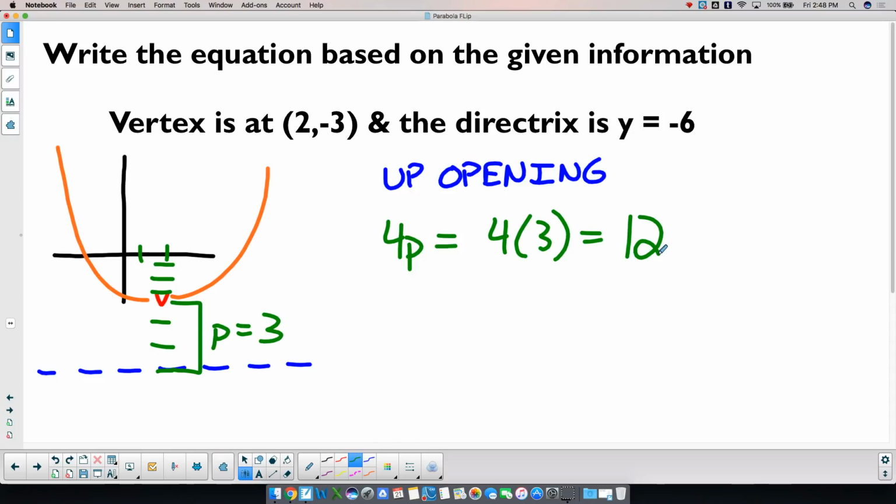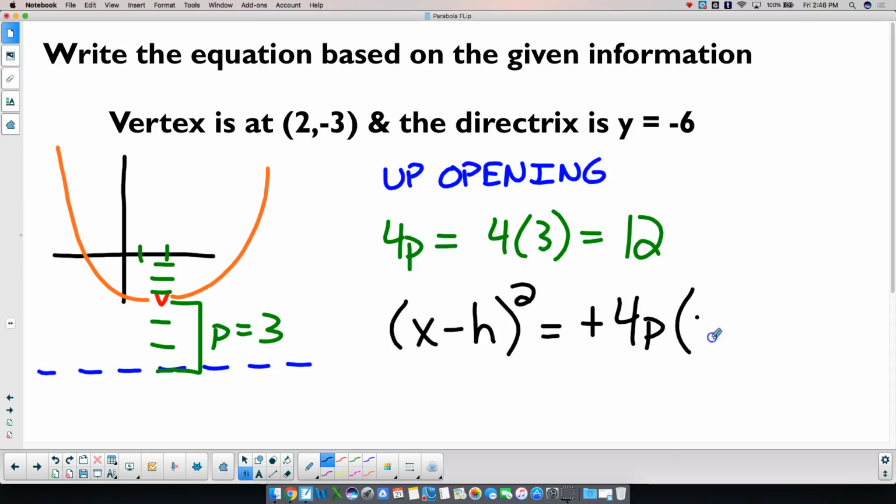Now, because it opens up, my parabola's general form is going to be x minus h, quantity squared, is equal to positive 4p times the quantity y minus k. I have everything that I need for this. I have h here, I have k there, and I've got 4p right there.